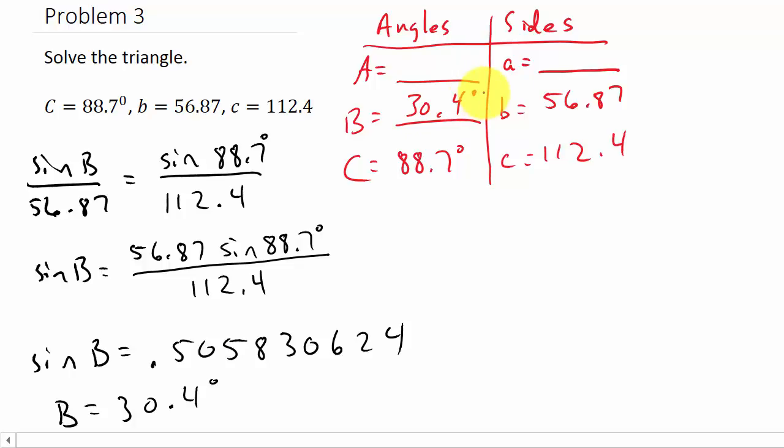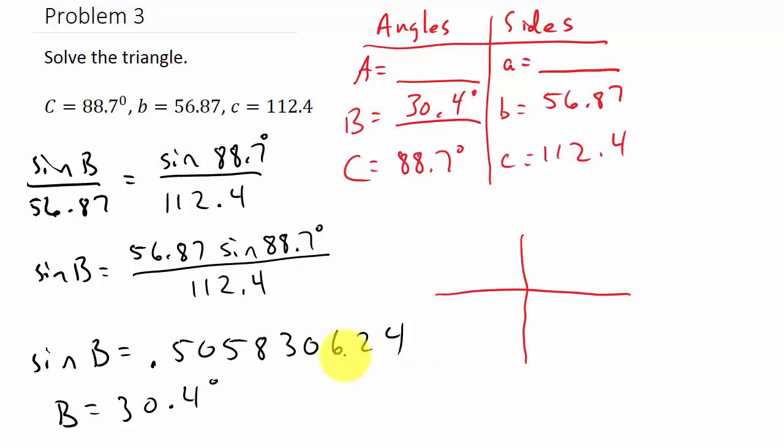Alright, now look at this. This is where you have to be careful here. So I've got angle B is 30.4 degrees. So remember that sine, see, I've got sine B is equal to a positive number.